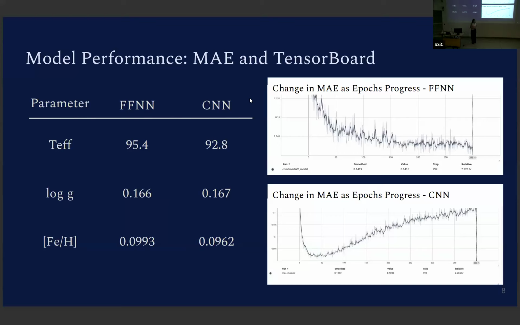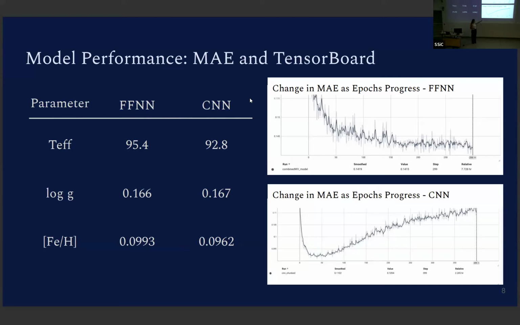So actually getting into how my models performed, overall, the convolutional neural network did a better job, which makes sense since it is a bit more complex. And then I used a system called TensorBoard. As you can see in the graphs on the right, it's basically just a graph of how mean absolute error is changing as the model is training and evaluating and testing. And as you can see, the convolutional neural network decreased to a lower value, which is good.